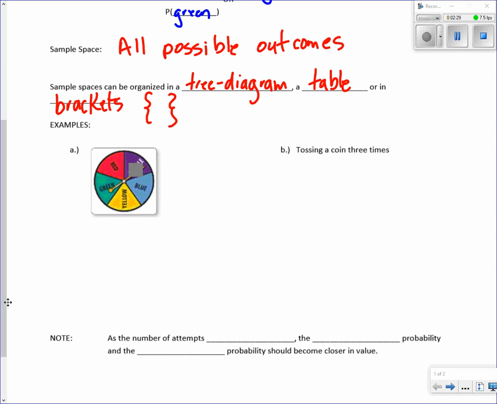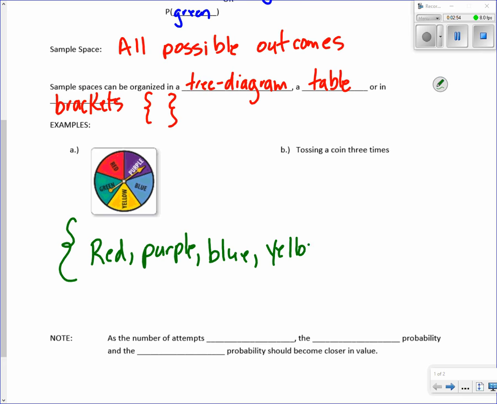So anyway, what we are working on, we are going to be writing the sample space of all the possible outcomes of this spinner, and literally all you're going to do is just call out all the colors. So purple, blue, yellow, green, and red. And it can be written in any order.